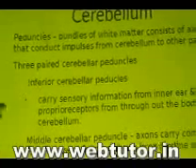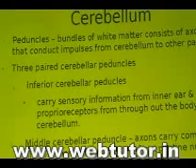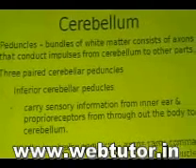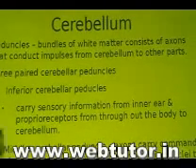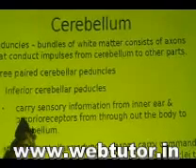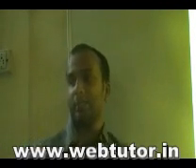There is the inferior cerebellar peduncle. It carries sensory information from the inner ear and proprioceptors from throughout the body to the cerebellum. Remember we spoke about proprioception. Proprioception means the knowing of your different body parts. My hand is in this position, I know it even if I don't look at it. My leg is in this position.